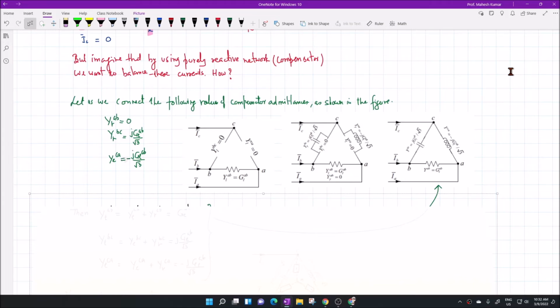Okay. So let us say that we have a compensator, and the compensator is connected between points A and B, between B and C, and between points C and A. Let the values of these compensators be Y_γAB as 0 here, Y_γBC is j G_LAB by root 3, and Y_γCA equals minus j G_LAB by root 3.